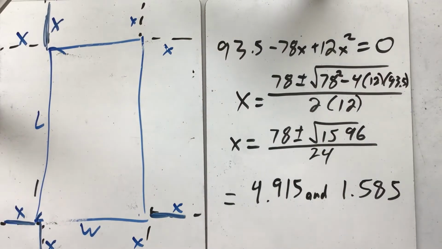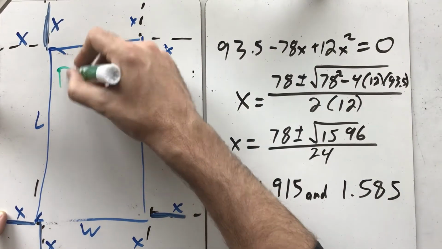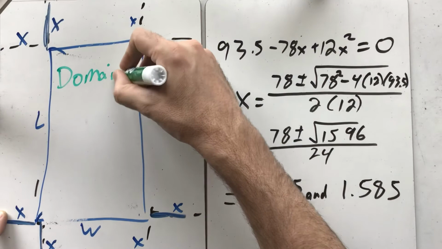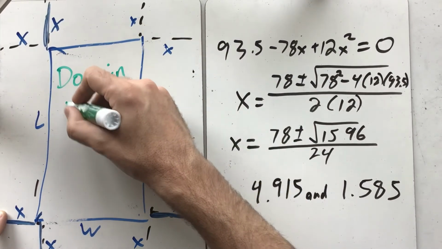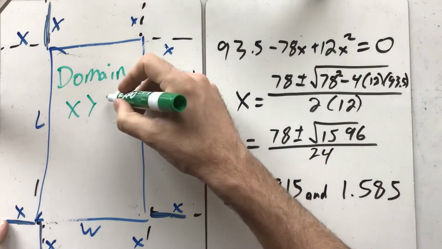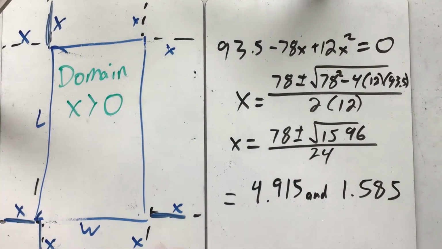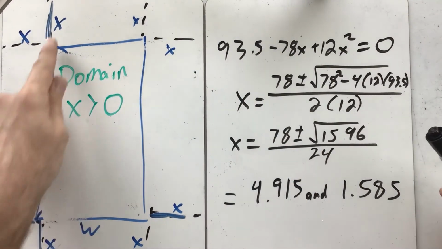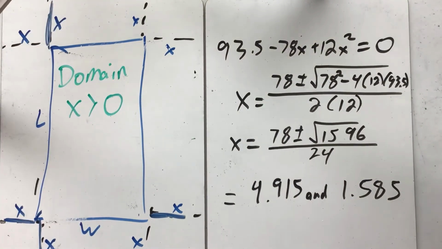The smallest x could be: it doesn't make sense for x to be a negative number. So we need x to be greater than 0, because putting negative numbers inside this equation doesn't make sense. Similarly, if we make x too big, all of a sudden we're cutting squares that are over halfway, and we can't get over halfway.